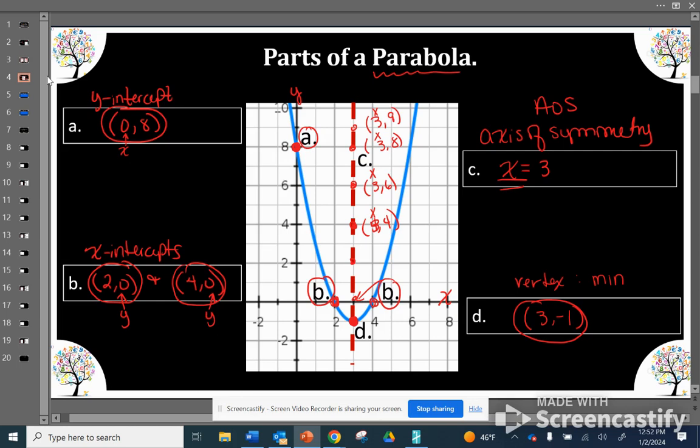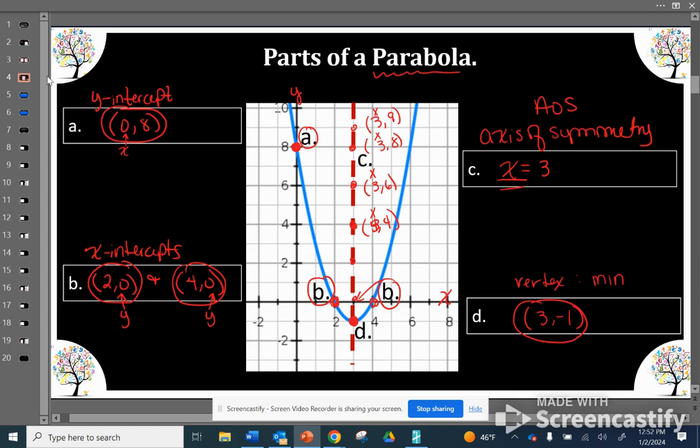So we have 1, 2, 3, 4 points of a parabola, and usually 5 points is a good amount of points to create a parabola. And then lastly, our axis of symmetry is a line, and it is the vertical line, and we write it as an equation, x equals 3.